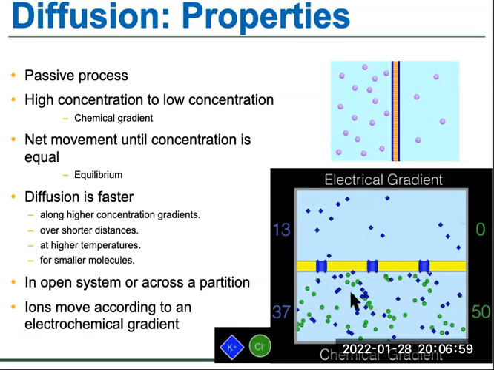The point at which that force, the chemical gradient drawing potassium toward this side, exactly balances the electrical gradient drawing the potassium to this side, that's what we call the electrochemical gradient. When we have reached an electrochemical equilibrium is when those two forces are equal.